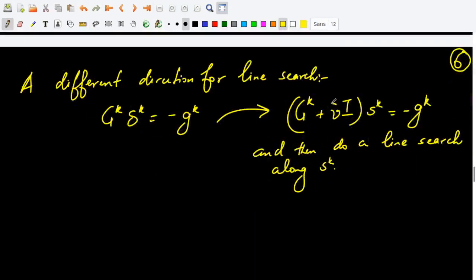So mu is a scalar greater than 0, chosen in such a way so that this whole thing becomes positive definite.